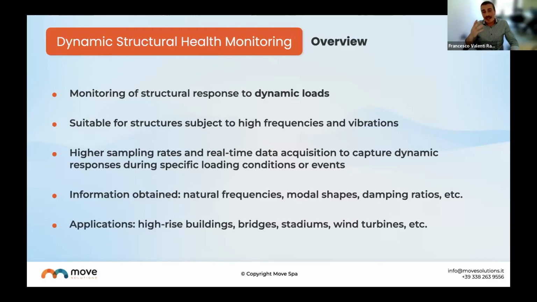So this type of analysis is more suitable for structures that are subject to fast impacts involving frequency, vibration, or dynamic displacement or acceleration.